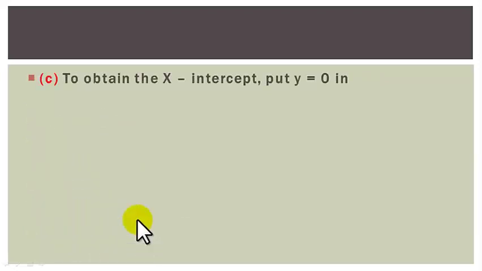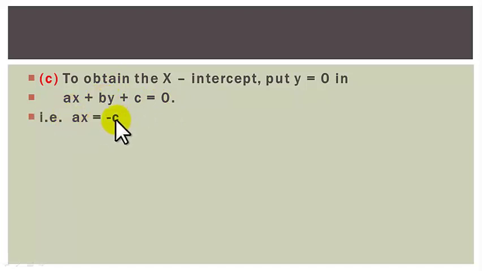C. To obtain the x-intercept, again we put y equals 0 in this equation ax plus by plus c equal to 0. Putting y equals 0 here, that will give us ax equals minus c. Dividing both sides by a, we have x equals minus c over a. That is the x-intercept.